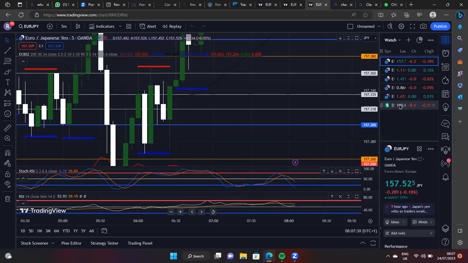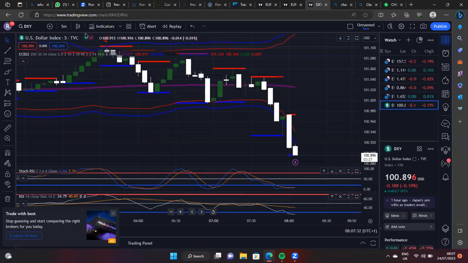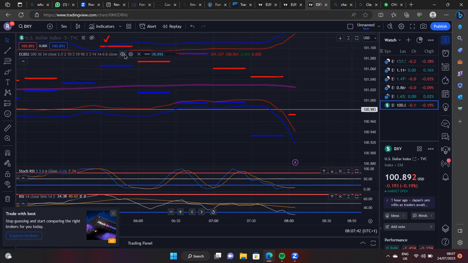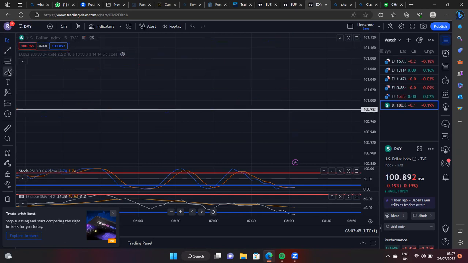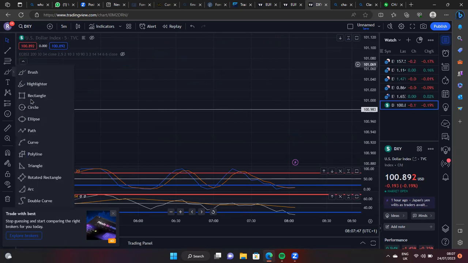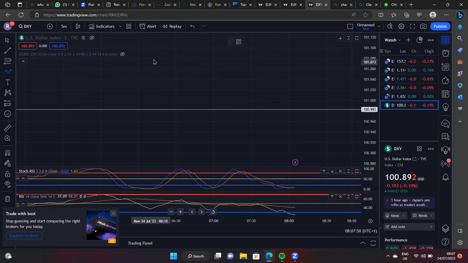Let me put out another chart and explain what I mean. Now we're saying this: an inverse head and shoulders, let's say it's on a downtrend. This is a low, this is a high, this is a low, which is okay.